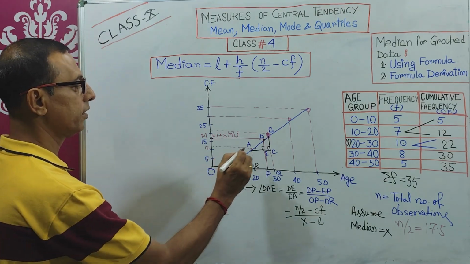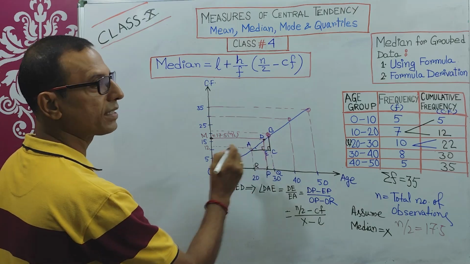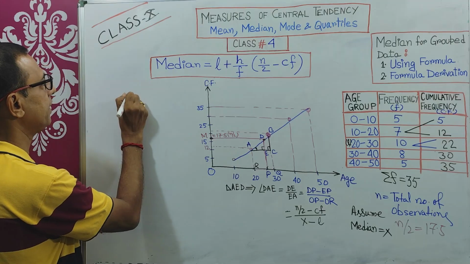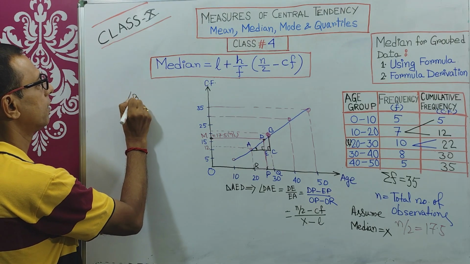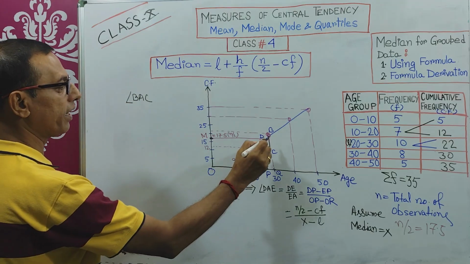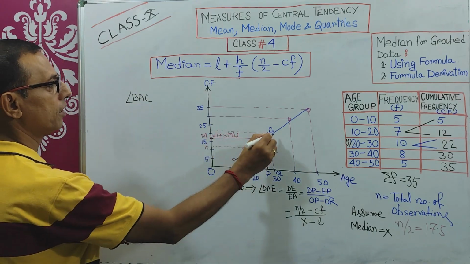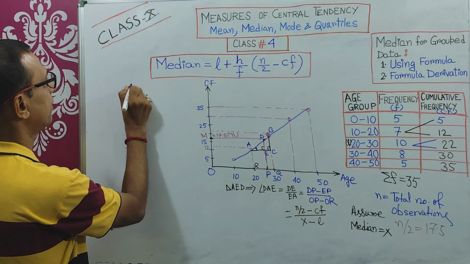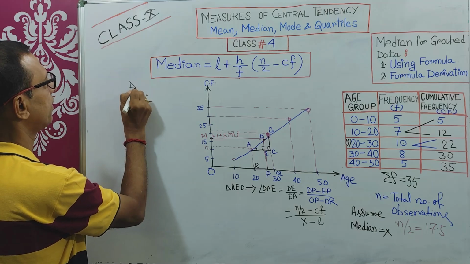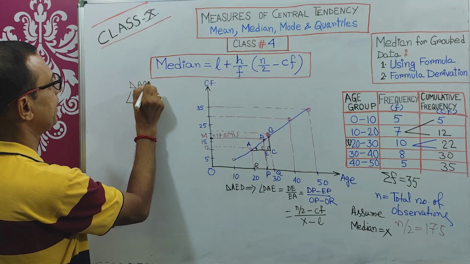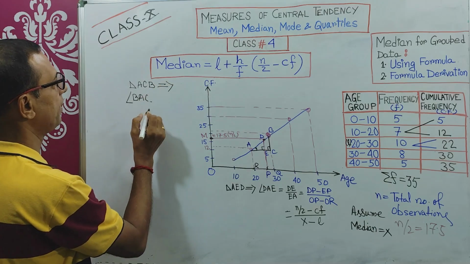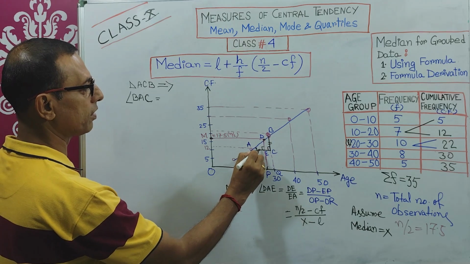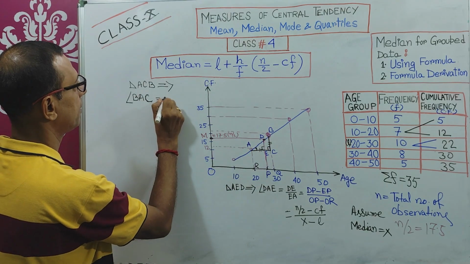Now I will calculate angle BAC, because these two are same. Angle DA equals angle BAC. So angle BAC, from which triangle? Sorry, angle ACB, from triangle ACB, angle BAC equals, so this is the perpendicular, this is the base, that means BC by AC.